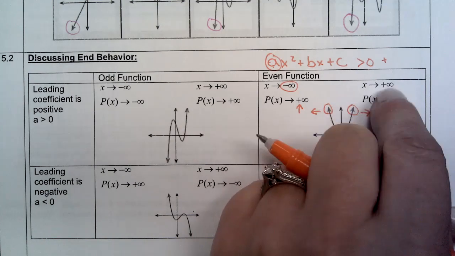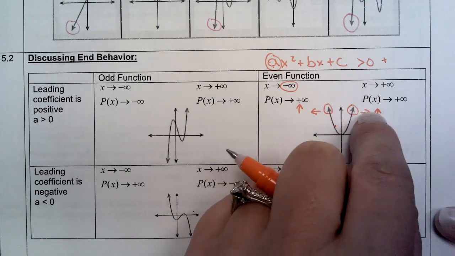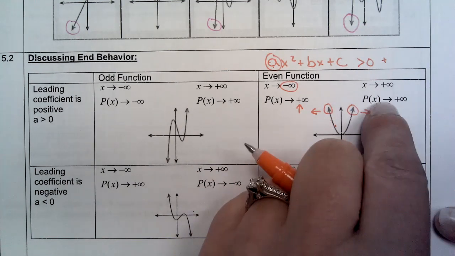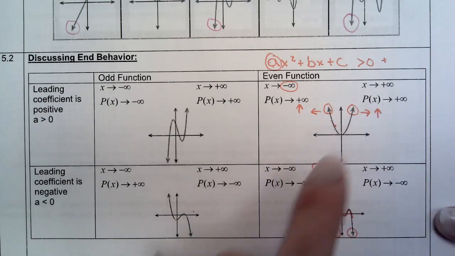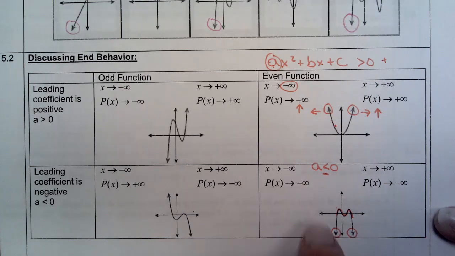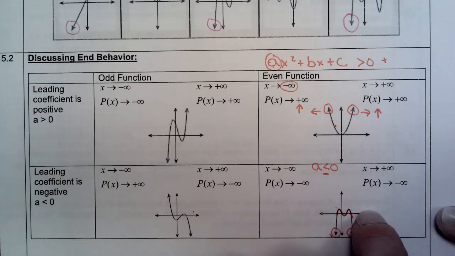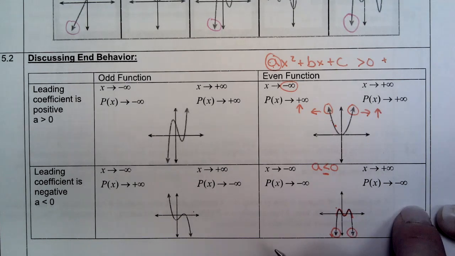As x approaches positive infinity, in other words, as it opens this way, our y value also goes up towards positive infinity. If a is negative, it's the opposite. So as x goes this way, our y goes down. As x approaches positive infinity or goes to the right, our y goes down.